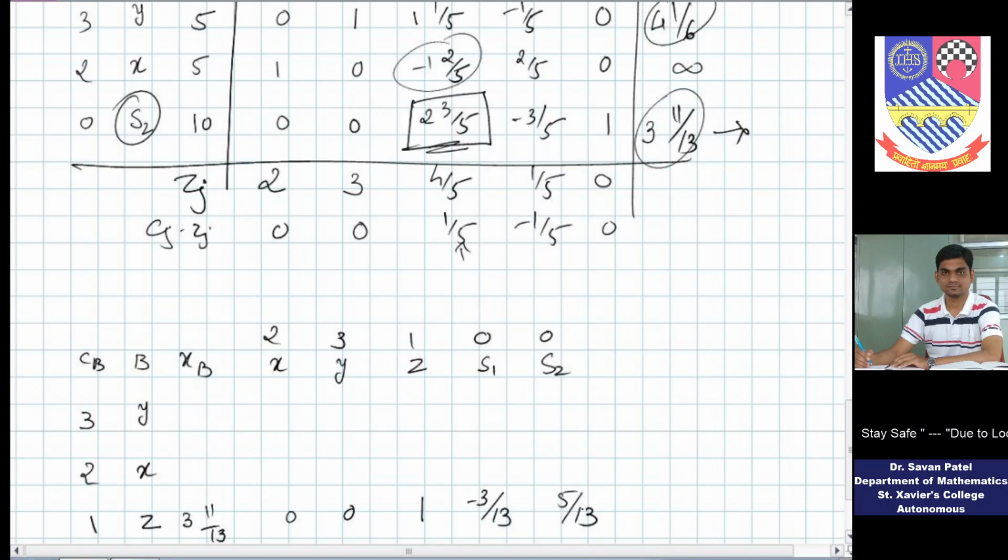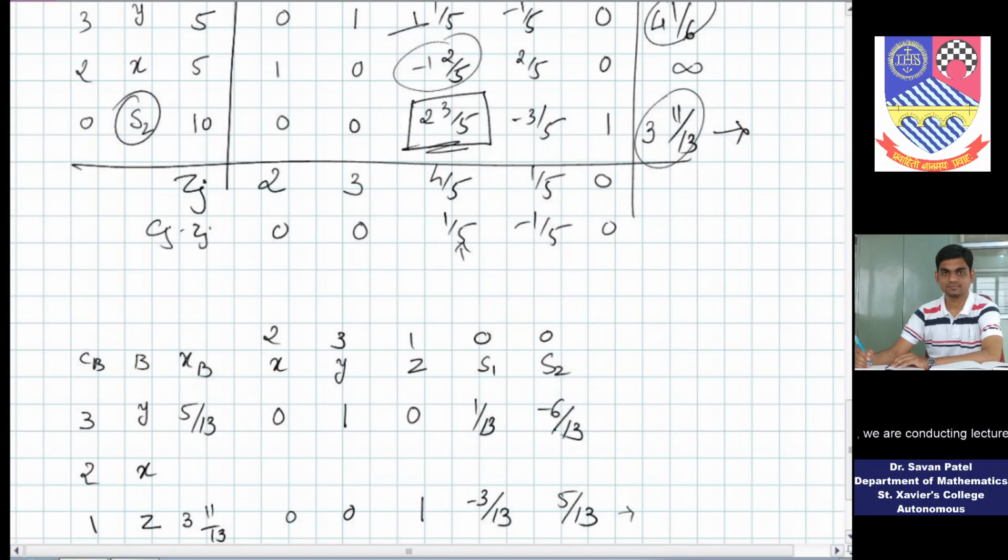Then to make this entry 0, we have to multiply this row by 1, 1 and 1 by 5 and subtract it from this. So we are having values 5 by 13, 0, 1, 0, 1 by 13, minus 6 by 13.